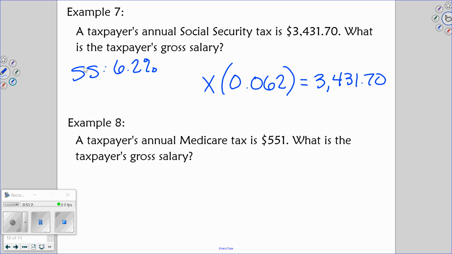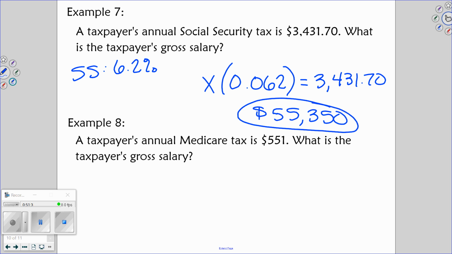Divide that to get back to the original amount. So $55,350. Normally we would take your salary, multiply it by 6.2%, and that's how we figured out what the tax was. So same idea, to solve for x, you just divide by the 6.2%.